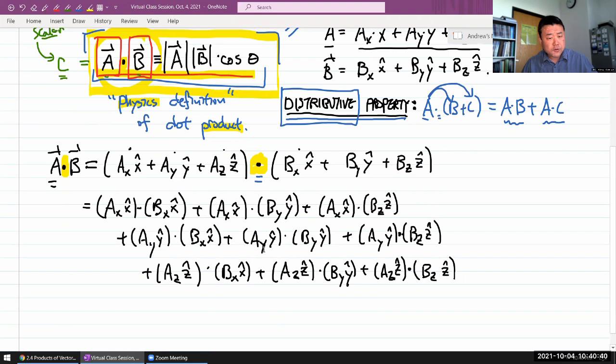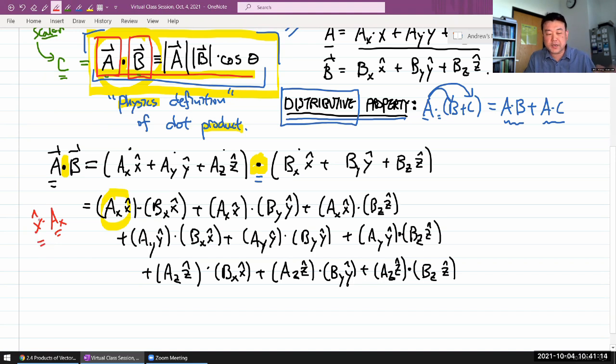Now, I'm going to appeal to some properties that I think we all agree they have. One is the commutative property, meaning if I swap the order of these 2 things, then it doesn't change anything. Like if I wrote somehow x̂ ax, like that, it's still a scalar multiplication, or a multiplication by a scalar.